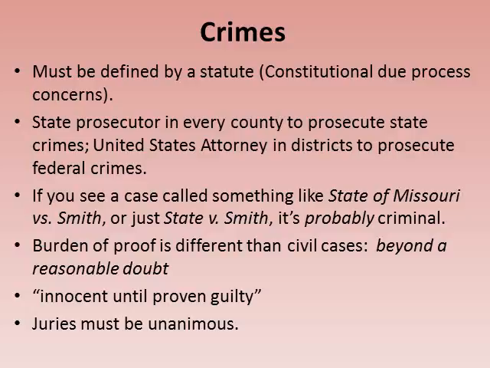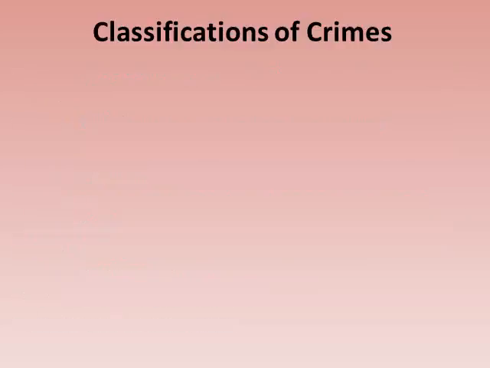And that's a pretty heavy burden if you're a prosecutor trying to convince 12 people beyond a reasonable doubt that somebody is guilty of a crime. So not an easy row to hoe if you're a prosecutor, but we would rather turn a few guilty people loose than convict innocent people, is the way the system is set up. And so that's the way that criminal procedures work.